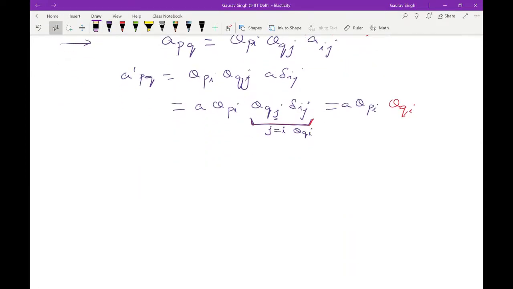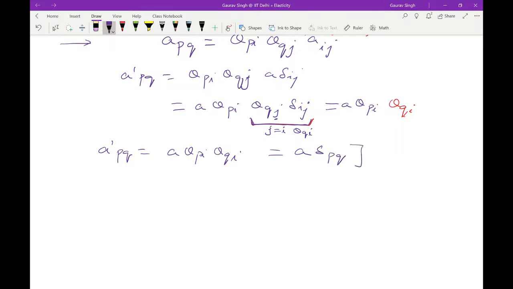Now you want to write that A dash pq is A Q_pi and Q_qi. This particular thing has been written as delta pq.